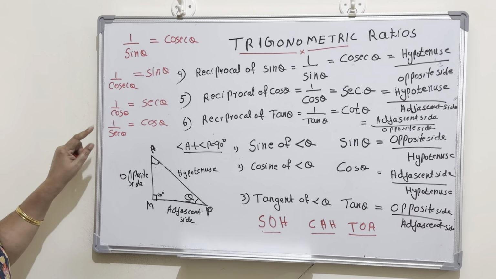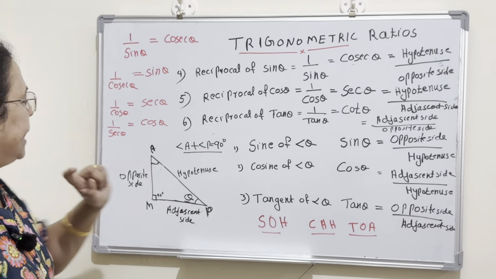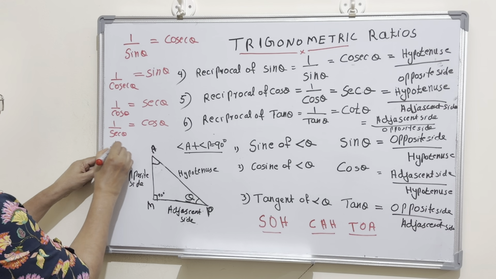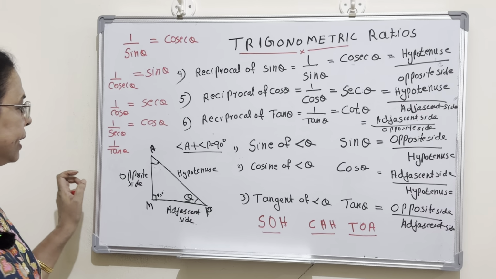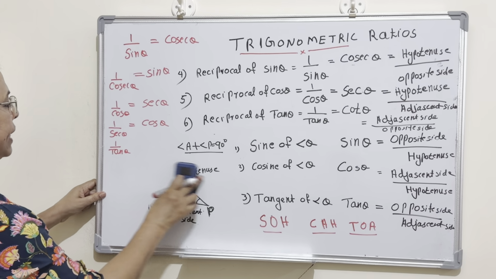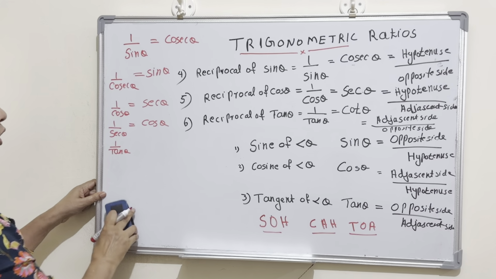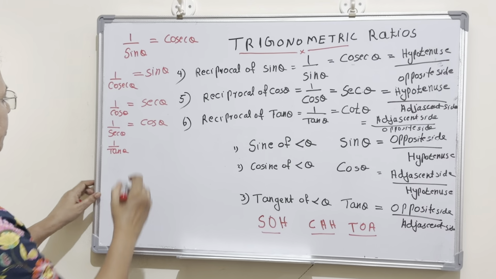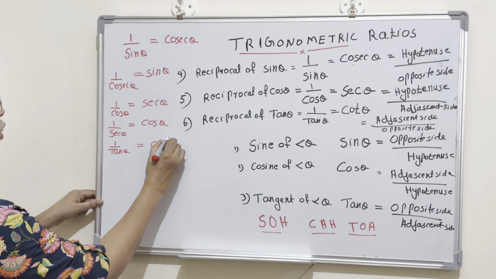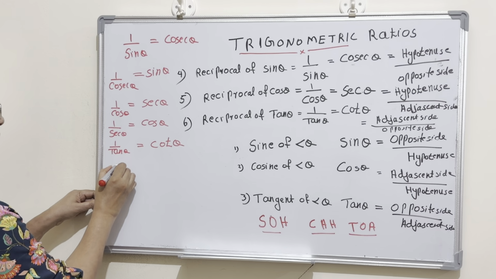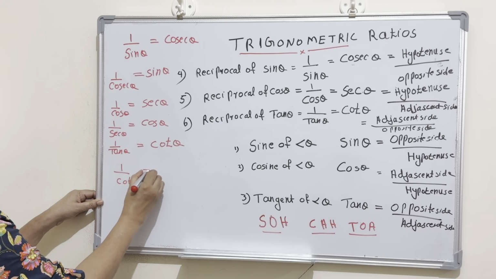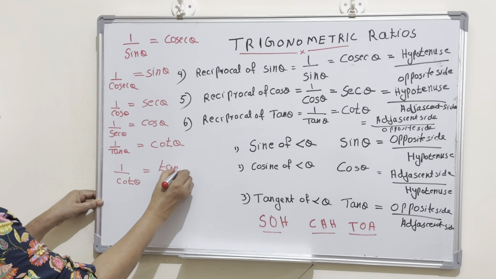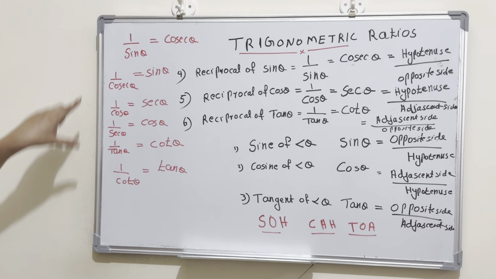One more thing: 1 by tan theta means the reciprocal of tan theta, which is cot theta. Then 1 by cot theta, the reciprocal of cot theta, will be tan theta also. So like that we can write again.